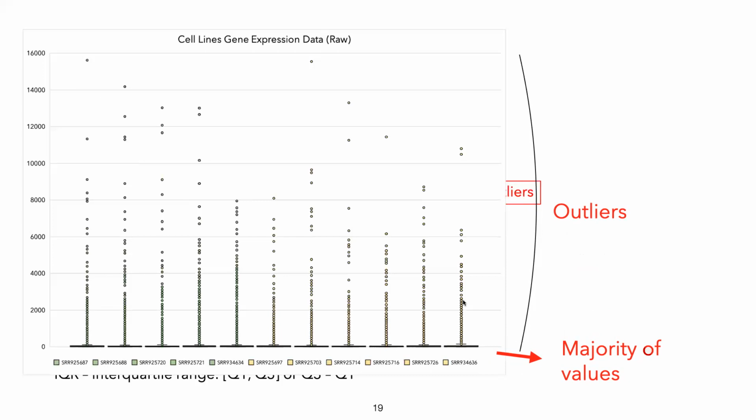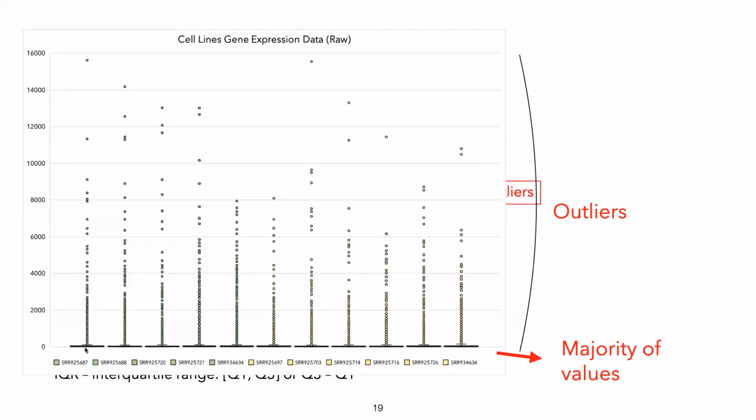The skewness of your distribution makes it difficult to run statistical analysis, because there's such a disbalance in the scale of some of the gene expression and the bulk of your data. Does that make sense? Does anyone have any questions about this?